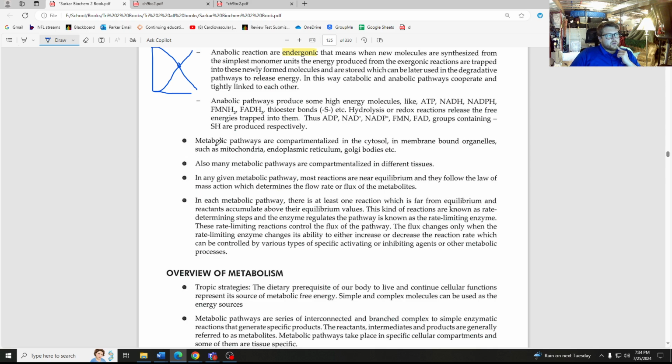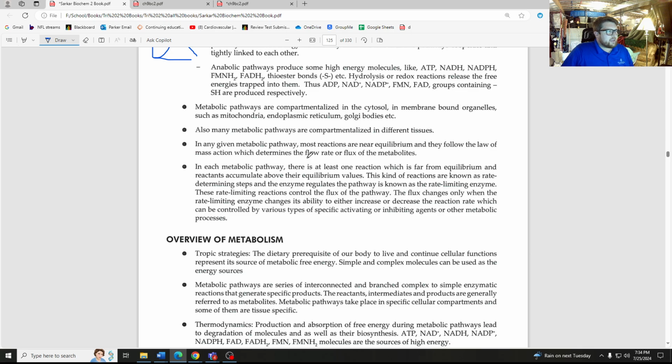Okay, so metabolic pathways are compartmentalized in the cytosol, in membrane-bound organelles such as the mitochondria, endoplasmic reticulum, Golgi bodies, etc. Also, many metabolic pathways are compartmentalized in different tissues. Meaning some happen more in the different types of muscles, some happen more in the liver versus kidneys.